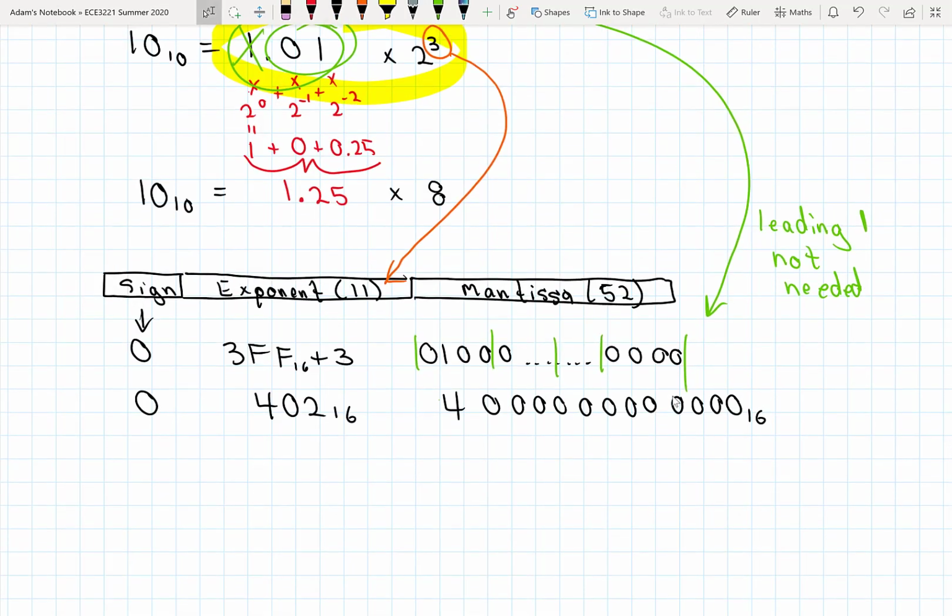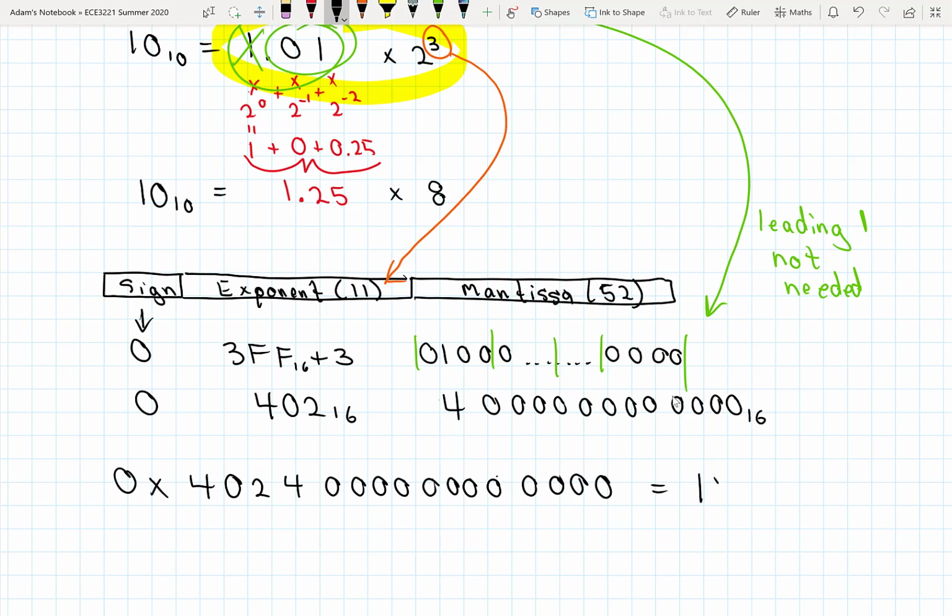Okay, so in hex, my 64-bit value is 402, 4, and then 12 zeros. And that floating point value is equal to a value of 10 in decimal.